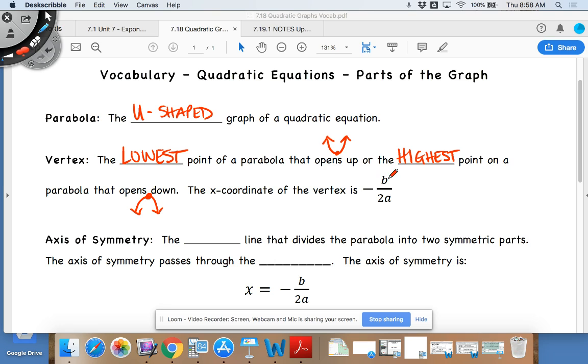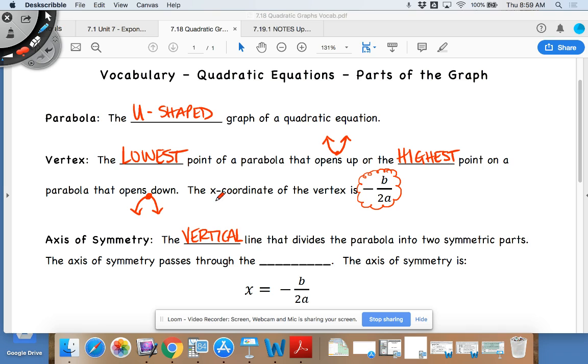The x-coordinate of the vertex comes from this equation. And we're going to actually talk about that in just a second, because the vertex and our next vocabulary word, axis of symmetry, are related. The axis of symmetry is the vertical line that divides a parabola into two symmetric parts.